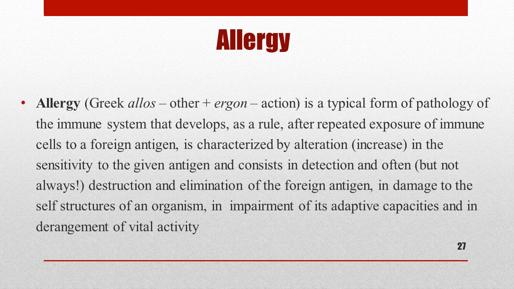Allergy. It is a typical form of pathology of the immune system that develops, as a rule, after repeated exposure of the immune system to a foreign antigen. It is characterized by alteration, usually increase, in the sensitivity to the given antigen, and consists in detection and often, but not always, destruction and elimination of the foreign antigen, in damage to cell structures of an organism, in impairment in its adaptive characteristics, and in derangement of the vital activity.